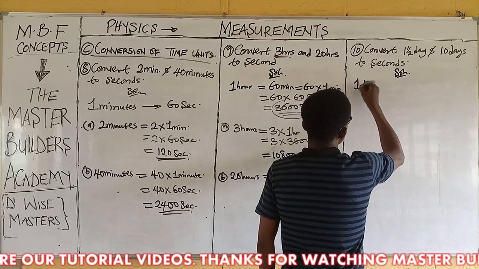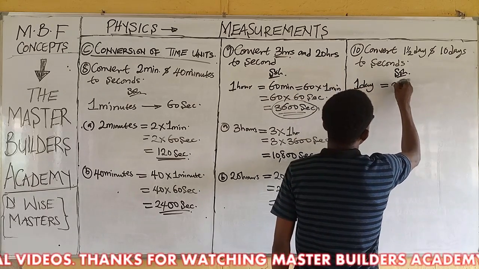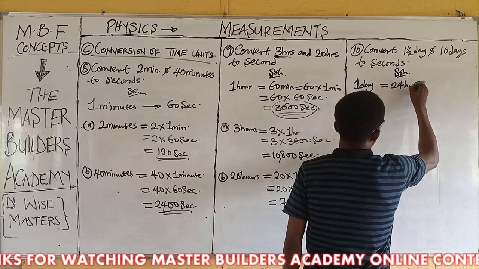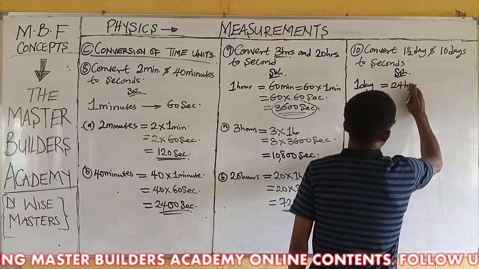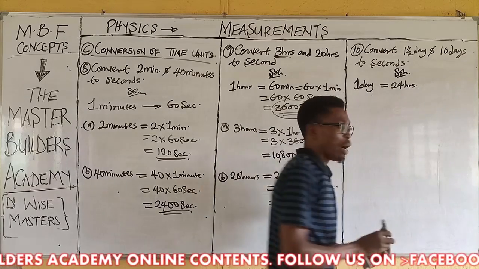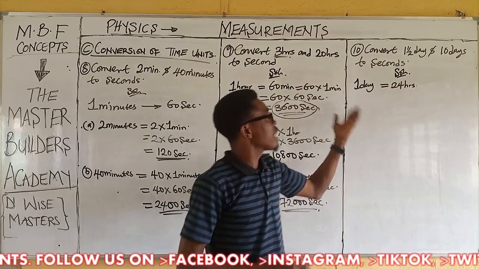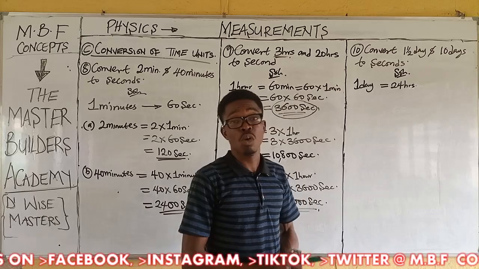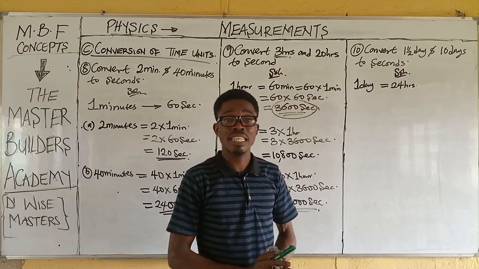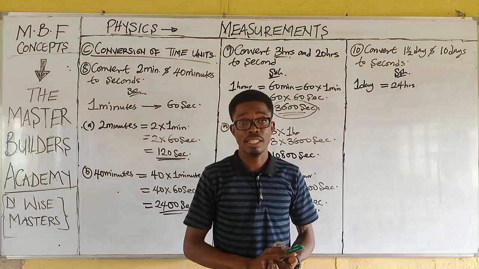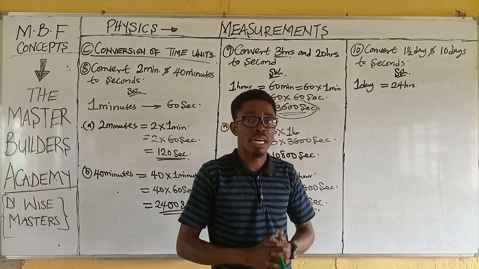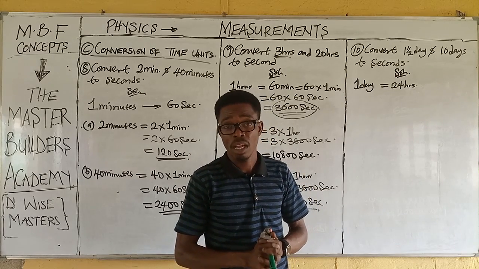Now 1 day is equivalent to 24 hours. This is the first step. Are we together? We should be on the same page. 1 day is equivalent to what? 24 hours. 12 hours day, 12 hours night. Altogether, 24 hours that make up a day. Are we good to go?